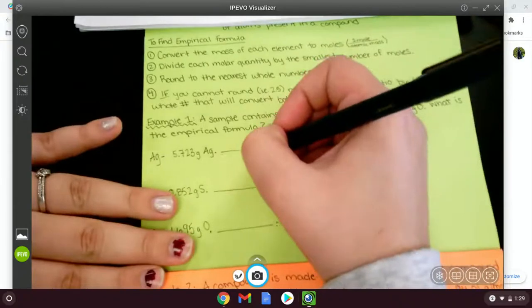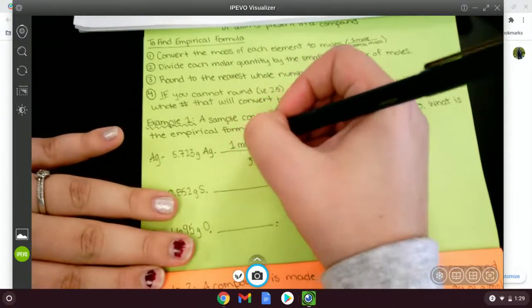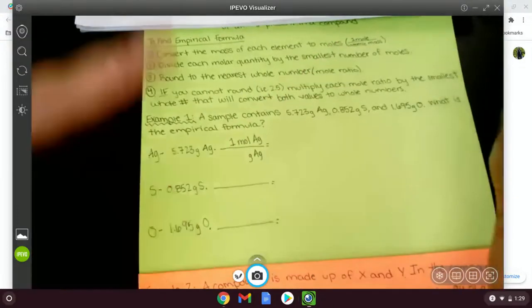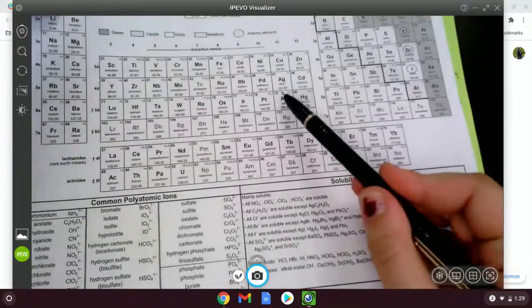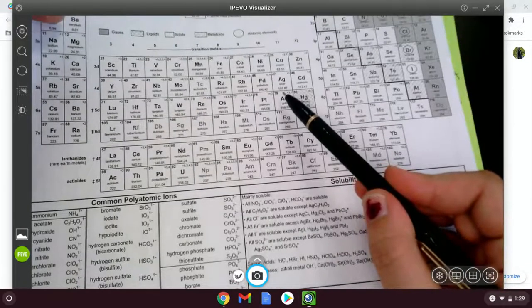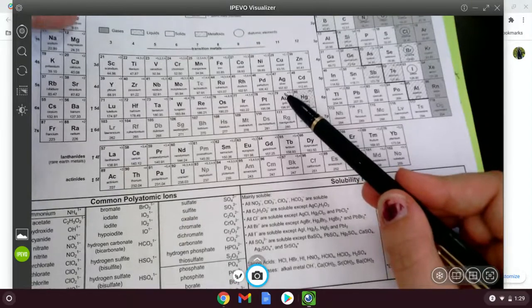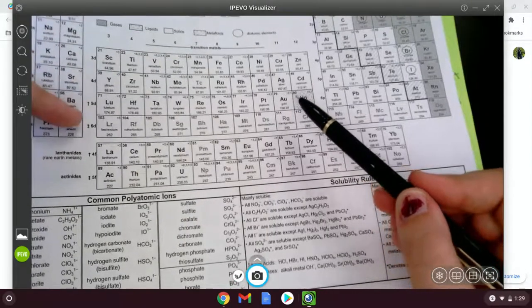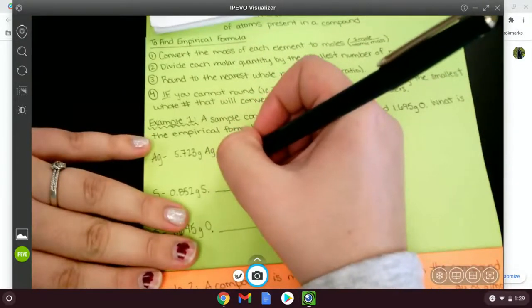So it's going to be grams of silver underneath 1 mole of silver. And looking at my periodic table, I see that silver's atomic mass is 107.87. So I'm going to write that down.